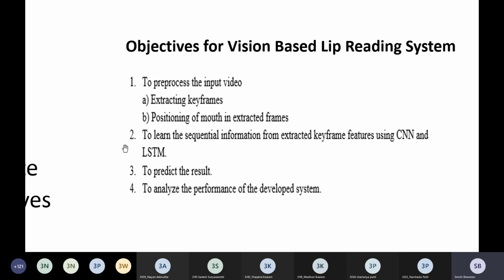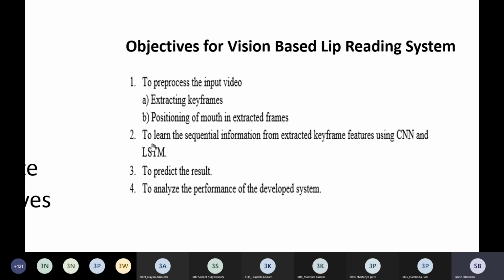So this was related to objective number 1. Now see here how we have defined objective number 2. Once the video is pre-processed, we now have only the cropped mouth regions. So further algorithms we would like to implement on the pre-processed video.